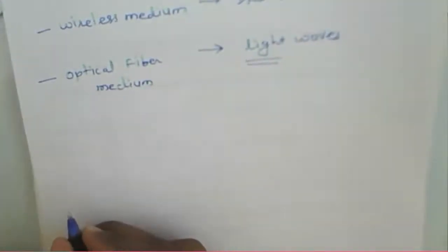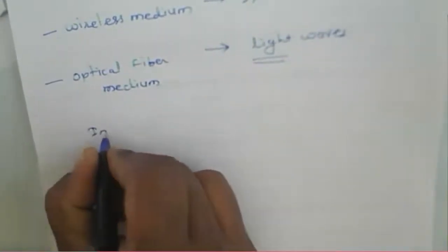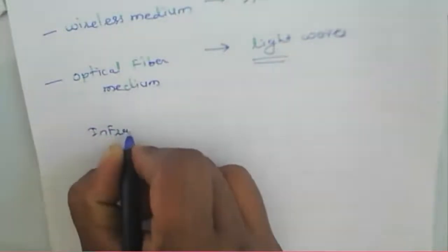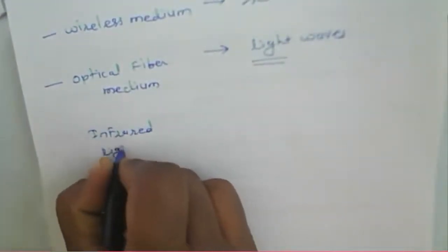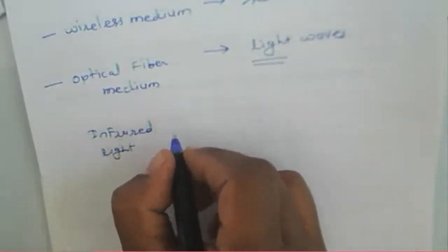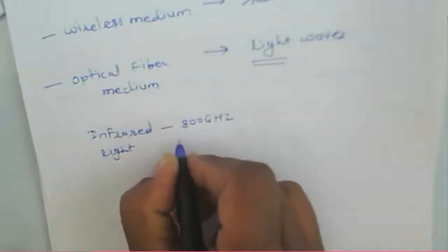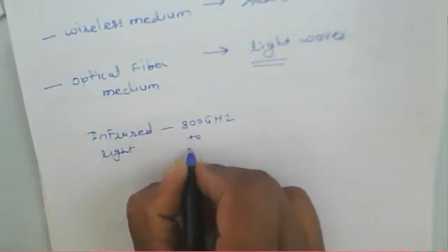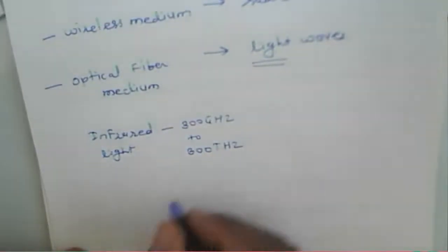Now in the electromagnetic spectrum, we have infrared light. That infrared light is used for 300 gigahertz to 300 terahertz.